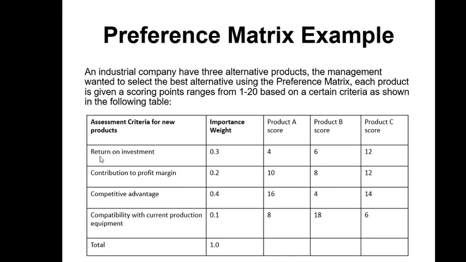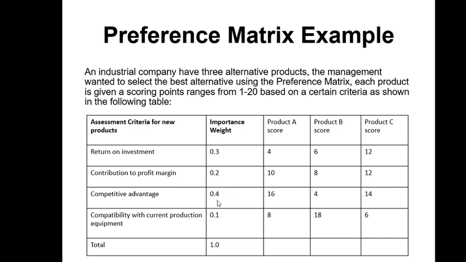Look here. We have 4 criteria, which of course are developed by the company. This is given in the example. They also give an importance weight. For example, return on investment has an importance weight of 0.30. Contribution to profit margin is 0.2.